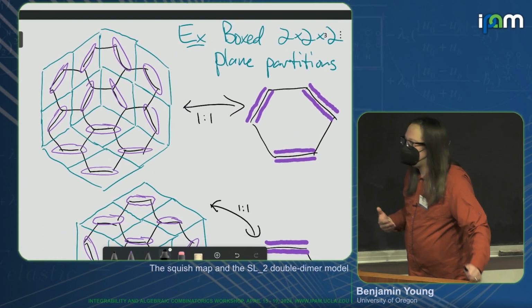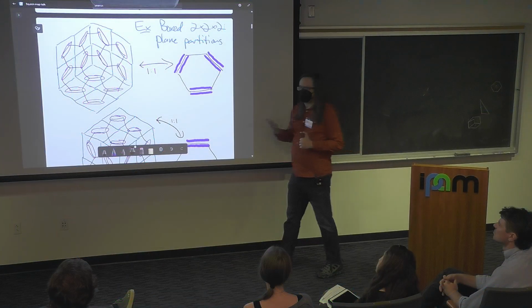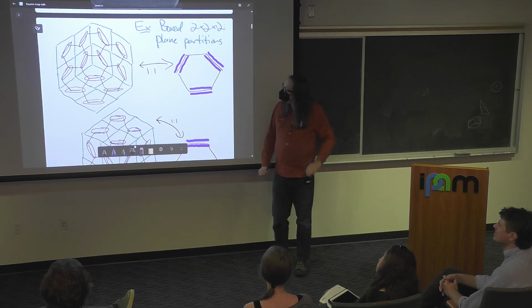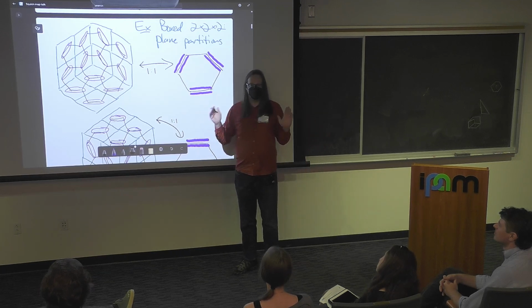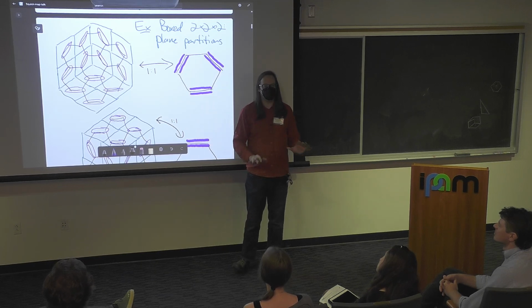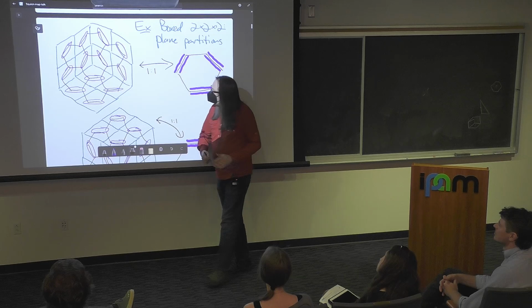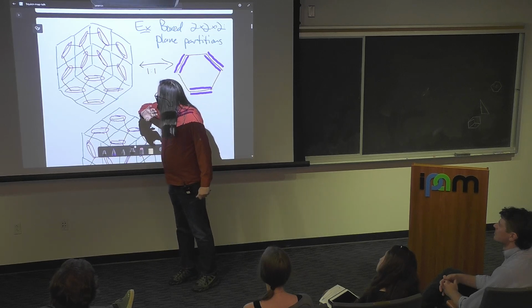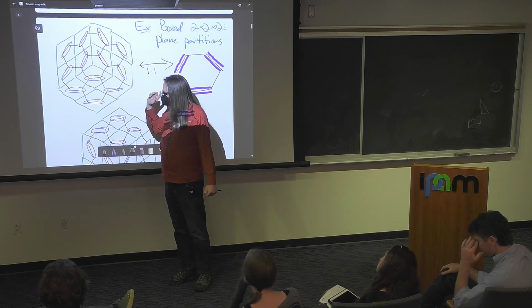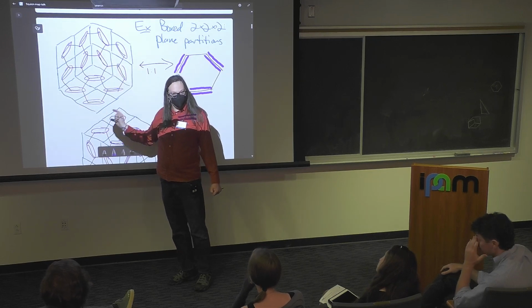So the problems I like best are about plane partition enumeration. So it is good to think about boxed plane partitions. Again, if you haven't seen this picture yet, you're about to see it again. There is this bijection between perfect matchings on this hexagon graph and tilings of this hexagon here.